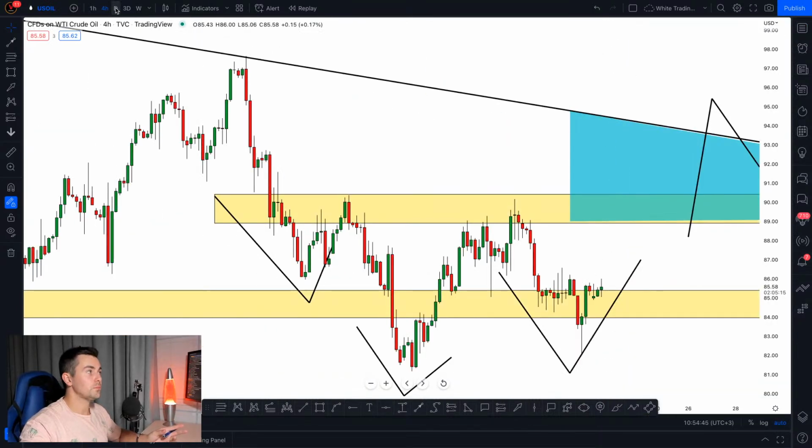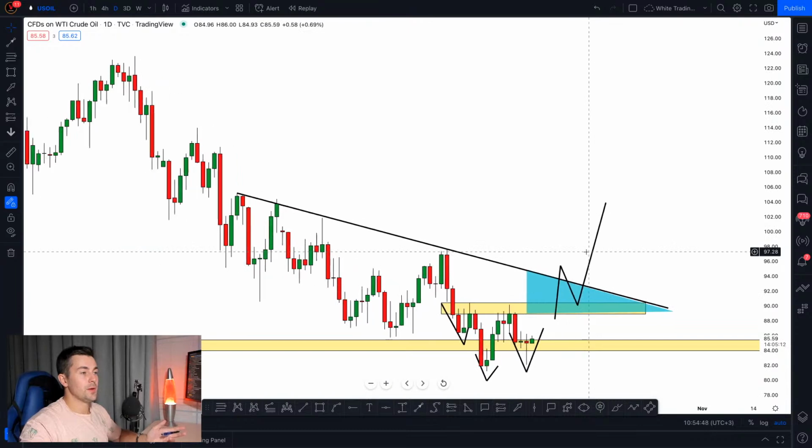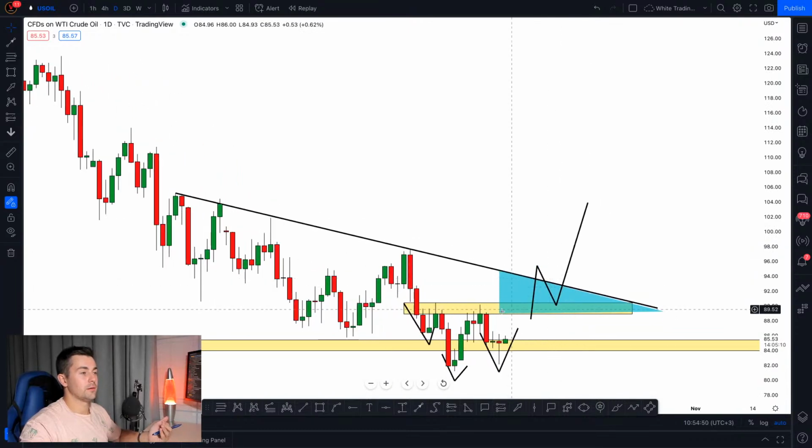So remember that the breakout of the neckline of this head and shoulders pattern will push the market higher, but it will push the market just to that trend line, because that trend line will be the next strong resistance. And the trend line and the neckline compose the contracting zone of supply.